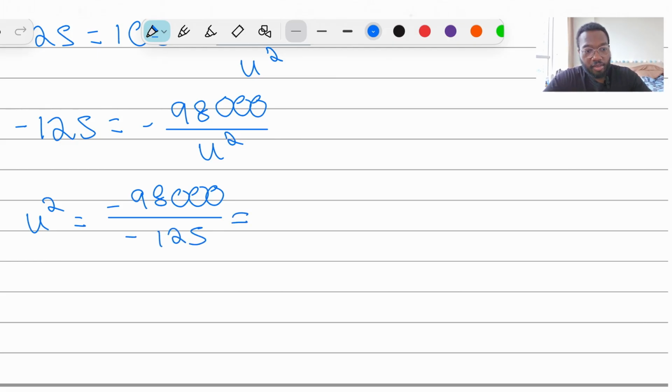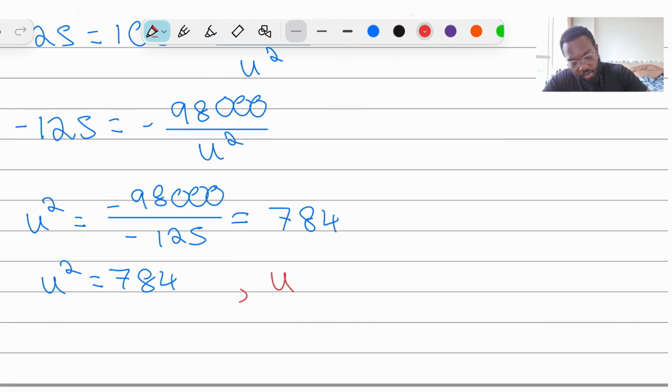And if you work out that value, you get 784. And therefore u squared is equal to 784, which means that if you square root both sides, we get that u is simply equal to 28.